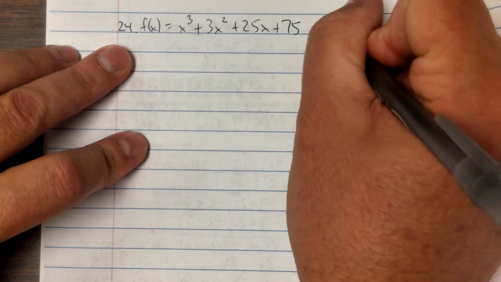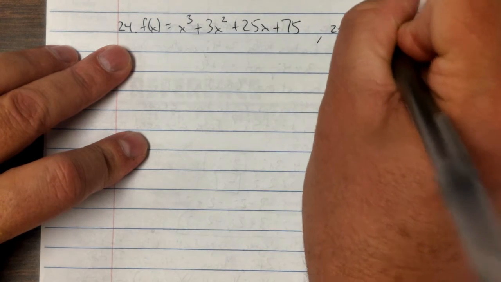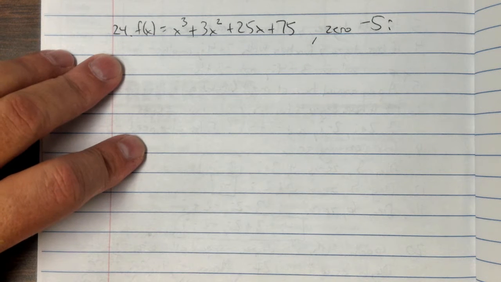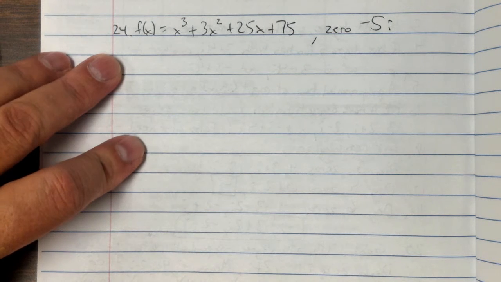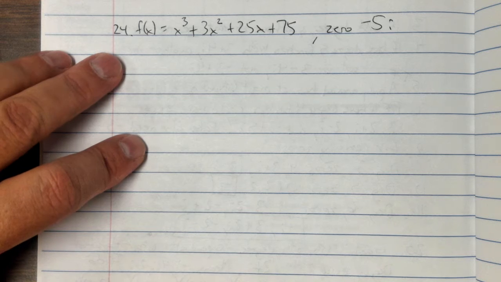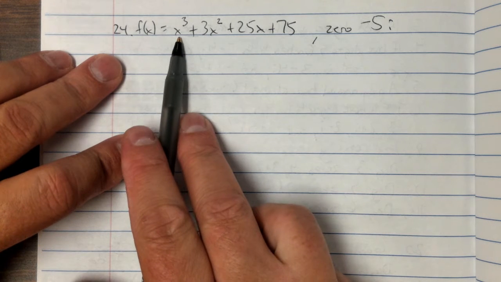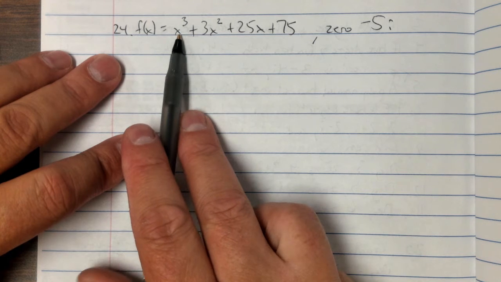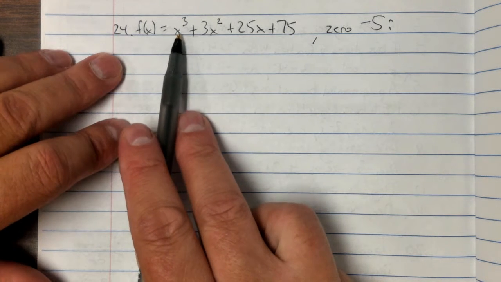And it tells you you have a 0 of negative 5i. So you have x cubed plus 3x squared plus 25x plus 75, and your 0 is negative 5i. So we know from our theorem that if there's one, there has to be one real root since it's odd.